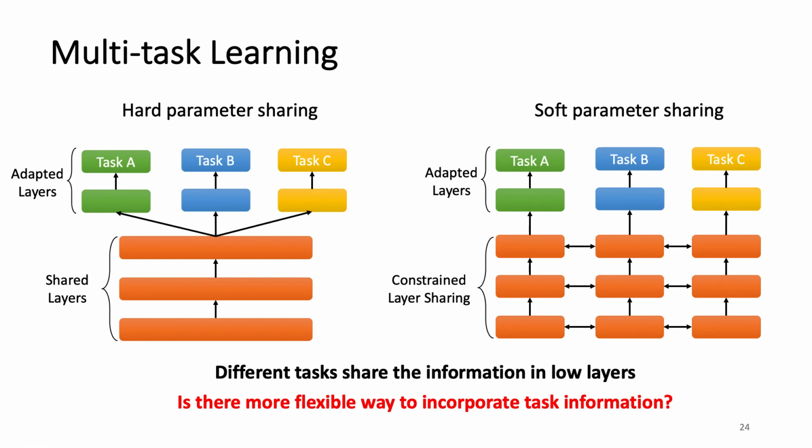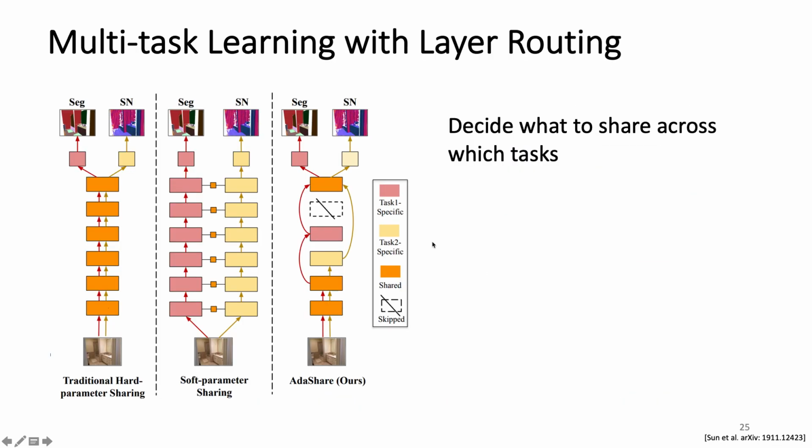Okay, so those are two very straightforward methods, and more recently, there is a method that takes advantage of both to make it softer. The idea of this method is called layer routing.